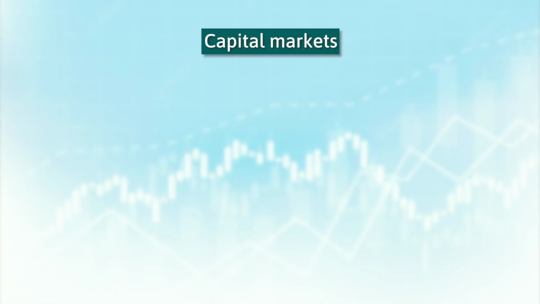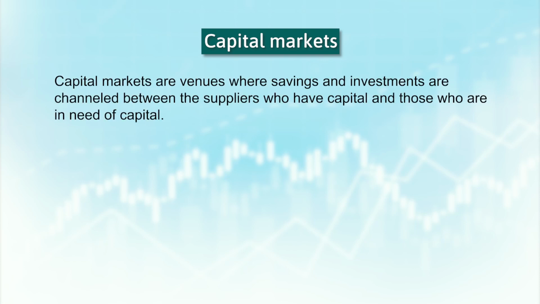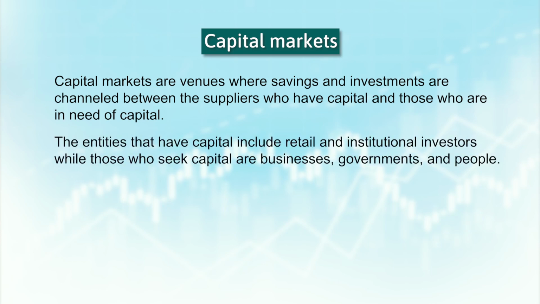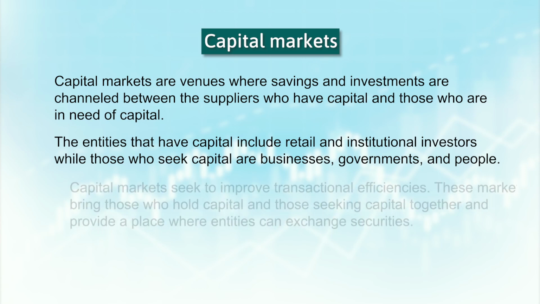Now, what are capital markets? Capital markets are venues where savings and investments are channeled between the suppliers who have capital and those who are in need of capital. The entities that have capital include the retail and the institutional investors, while those who seek capital are the businesses, the government, and of course, the households or the general public.